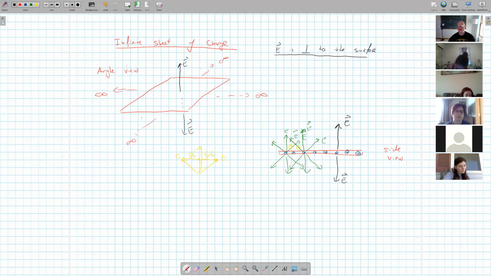What's also interesting in this case is that the electric field above an infinite sheet of charge doesn't depend on the distance at which I am above the sheet. It's simply a magnitude the entire time. So the electric field is perpendicular to the surface, but doesn't depend on the distance.